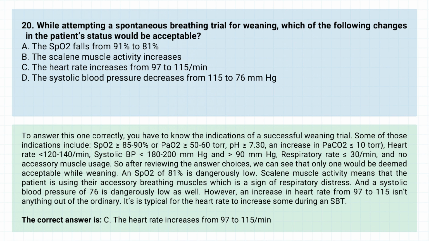However, an increase in heart rate from 97 to 115 isn't anything out of the ordinary. It is typical for the heart rate to increase some during an SBT. So we know that the correct answer has to be C. The heart rate increases from 97 to 115 breaths per minute.